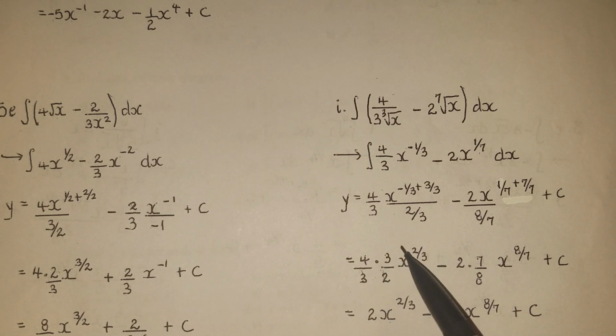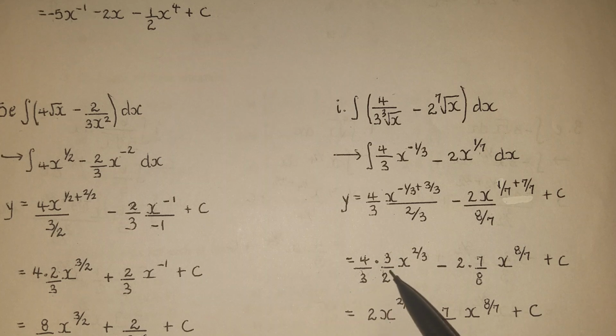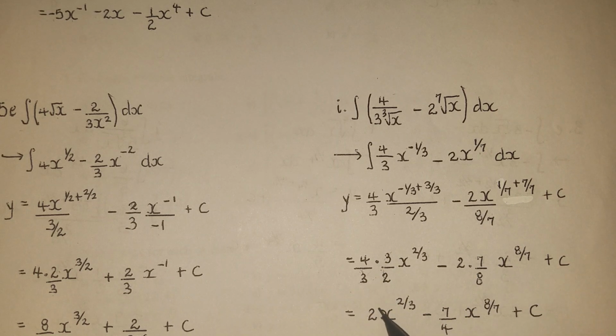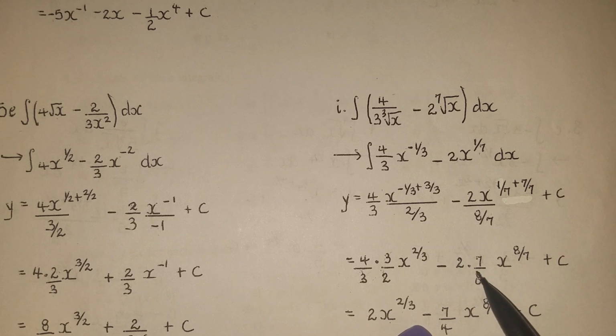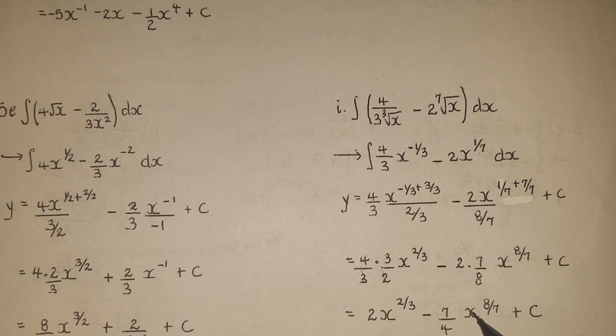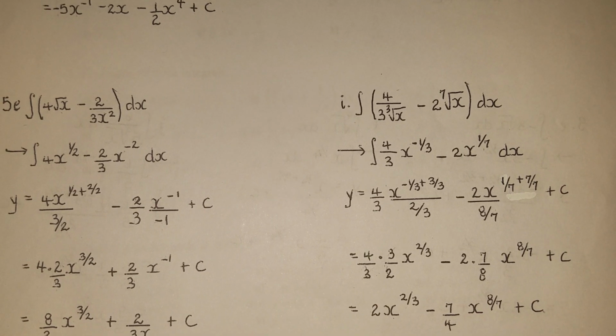So when we multiply or simplify, these 3's will cancel, and 2 into 4 is 2, making our answer 2x raised to the 2/3 minus 7 over 4 x raised to 8 over 7 plus c.